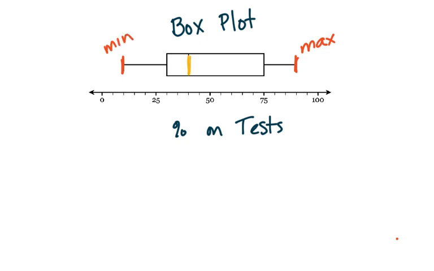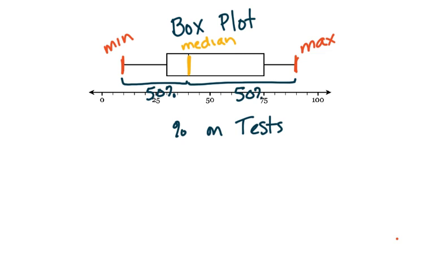It tells you where the middle is. So this is the median. The type of middle that it gives is the median. And so that means that 50% of the data is between the minimum and the median, and 50% of the data is between the median and the maximum.